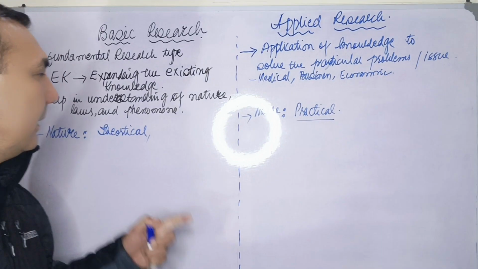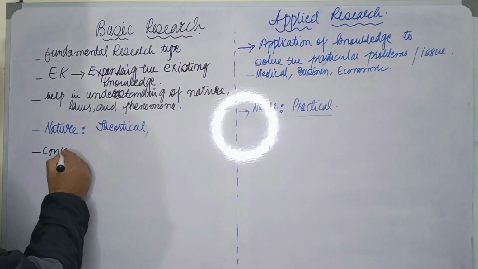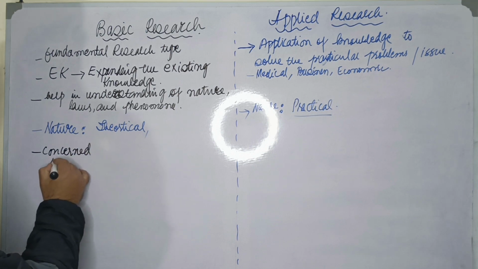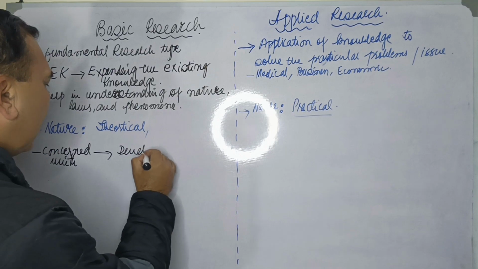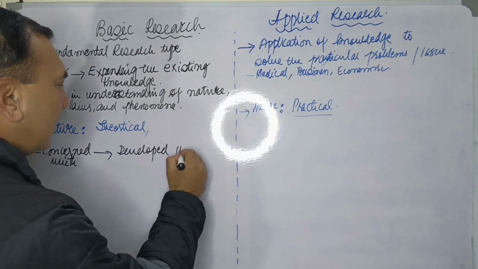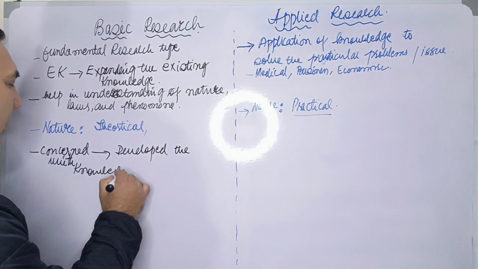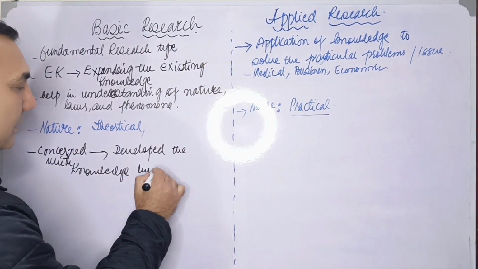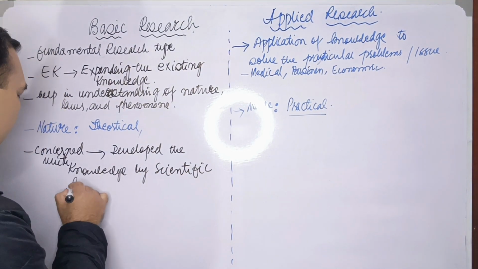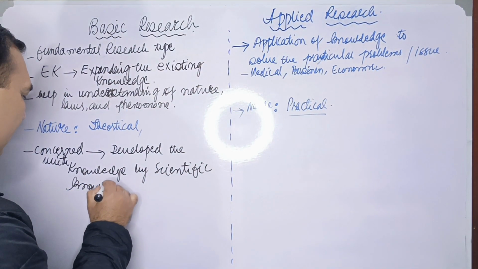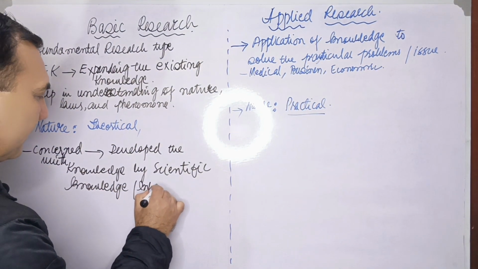Now another aspect: basic research is concerned with developing knowledge by scientific knowledge or information.